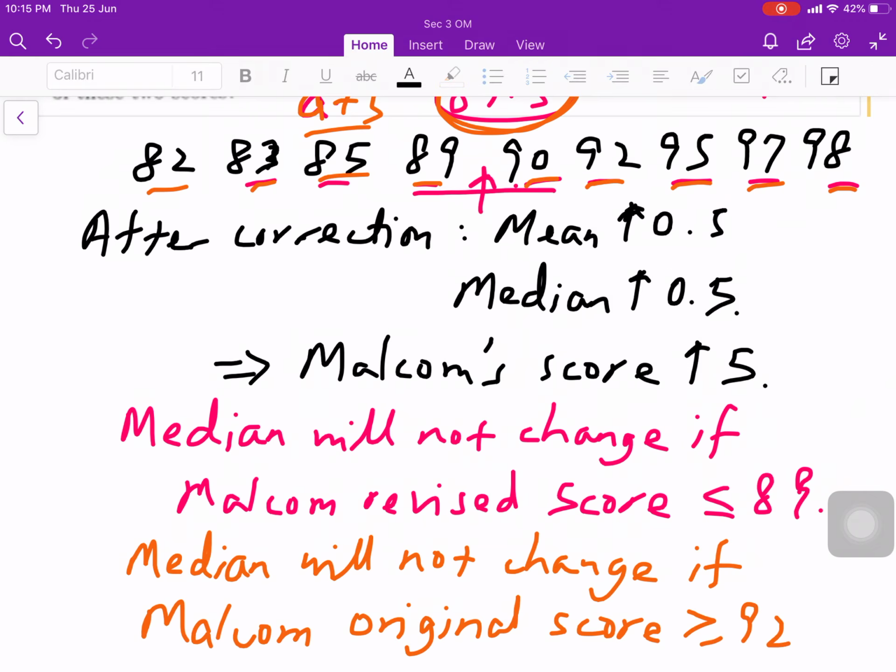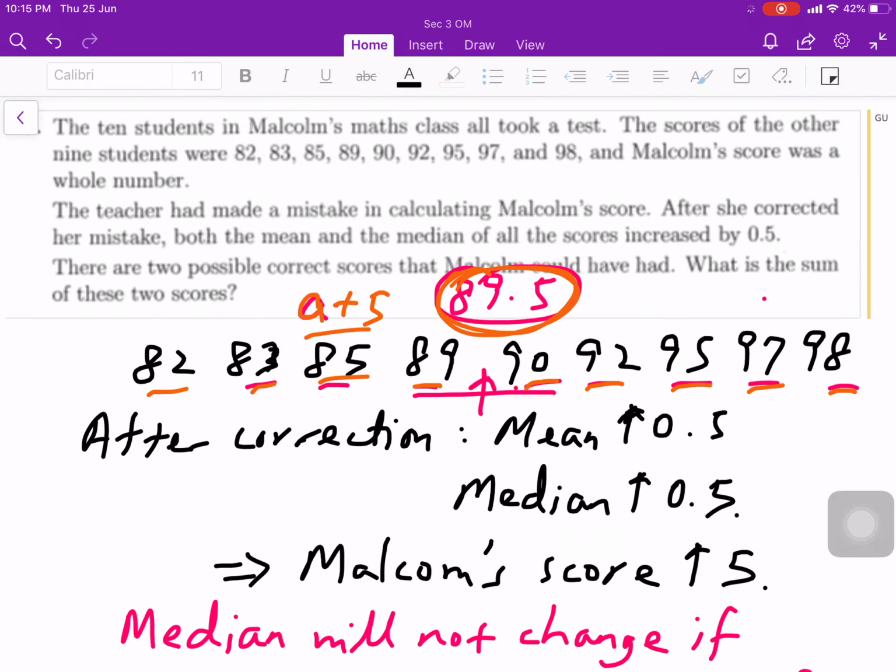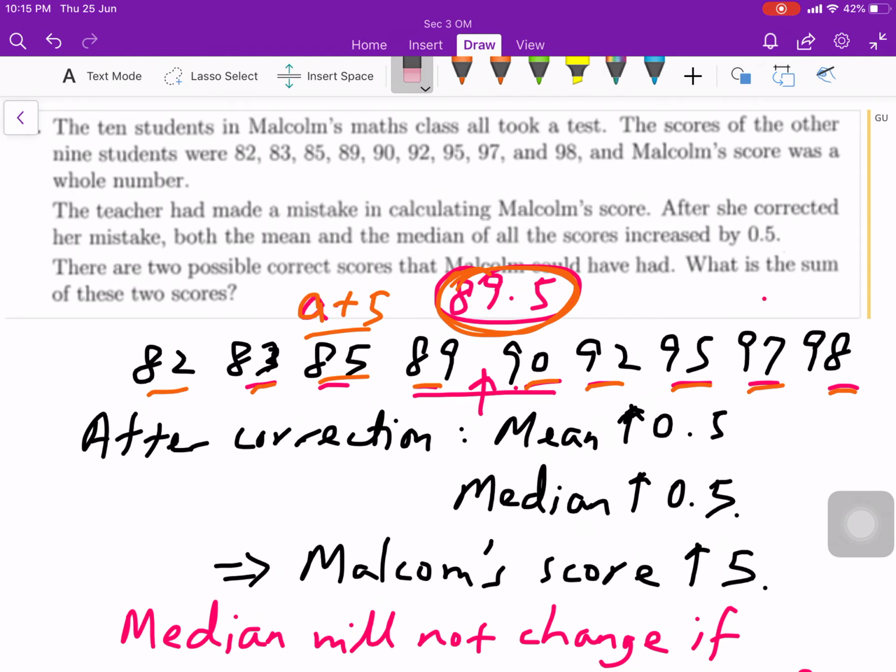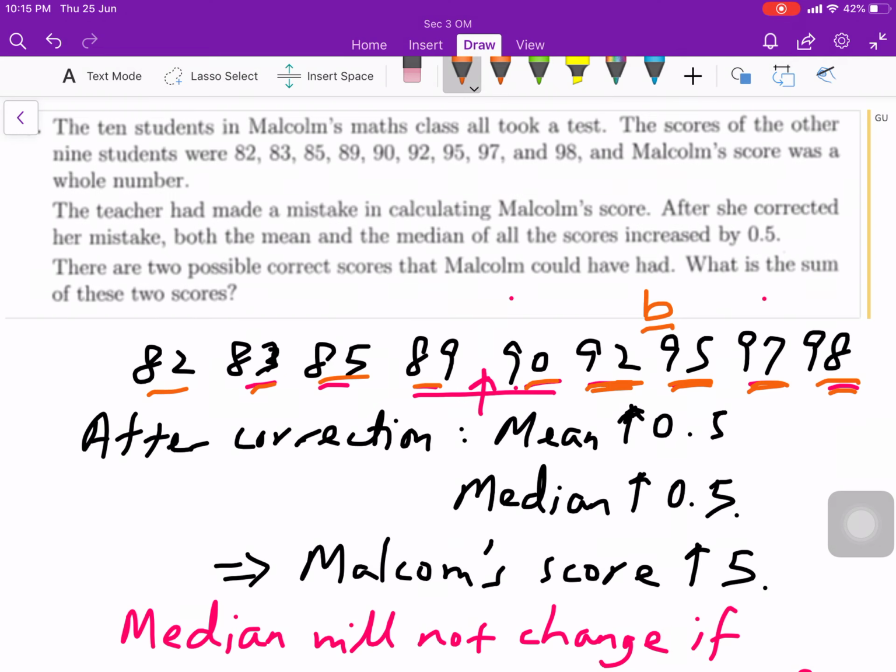Now we look at another case. Let's say the original score that Malcolm has is B, more than 92, right? Then in this case, where is the median? Can you see that you have 1, 2, 3, 4, 5 scores here?